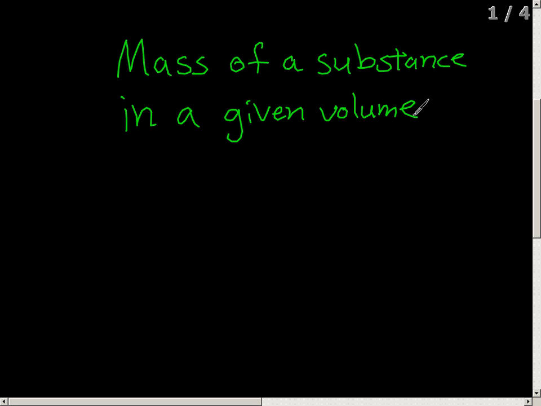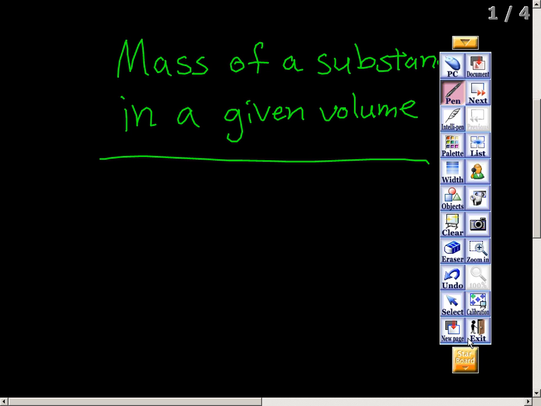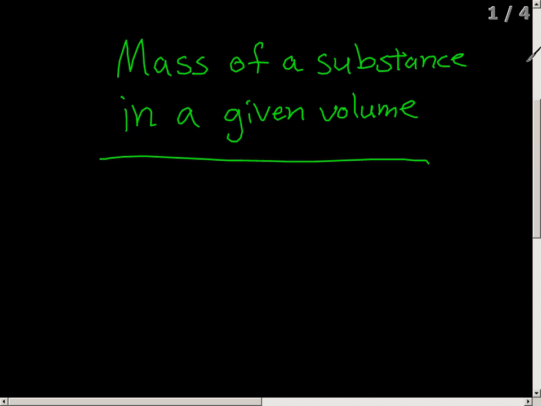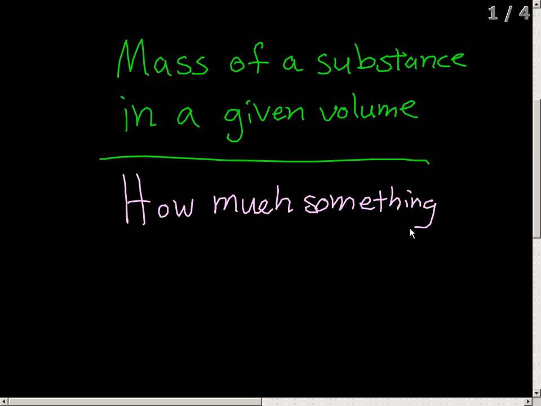It's how much something weighs and how much space it takes up. That's basically the cut and dry version of it. I'll say that again one more time. It's how much something weighs in the amount of space it takes up.